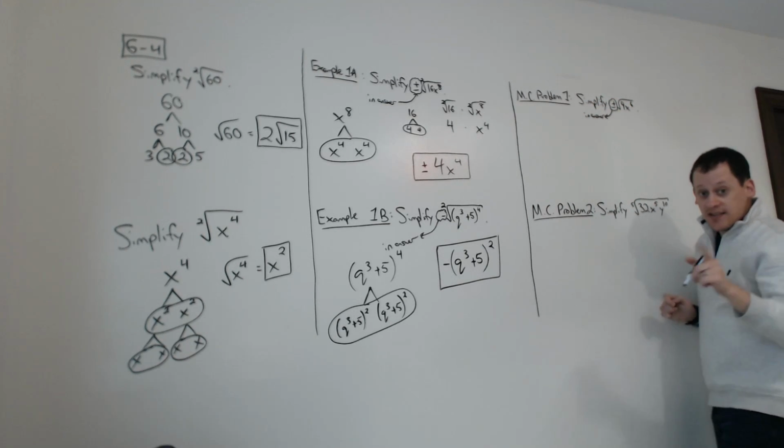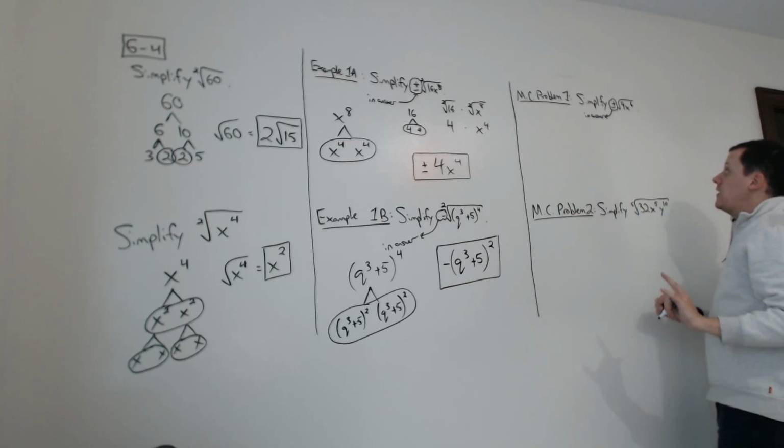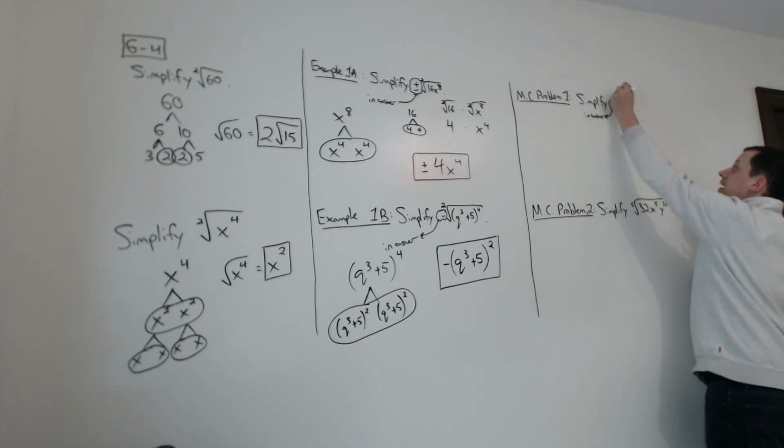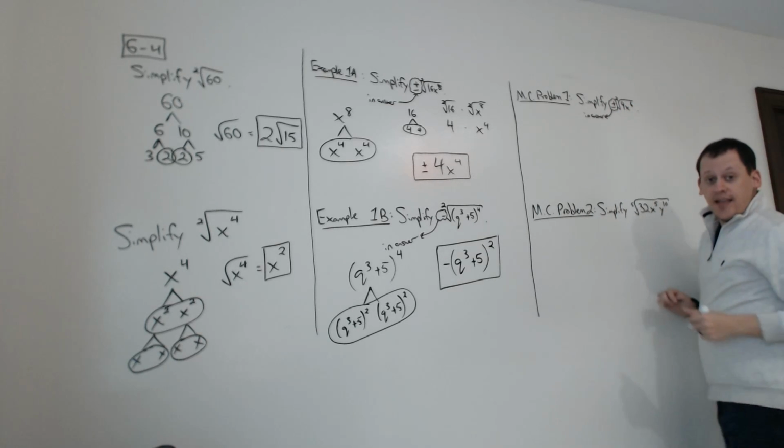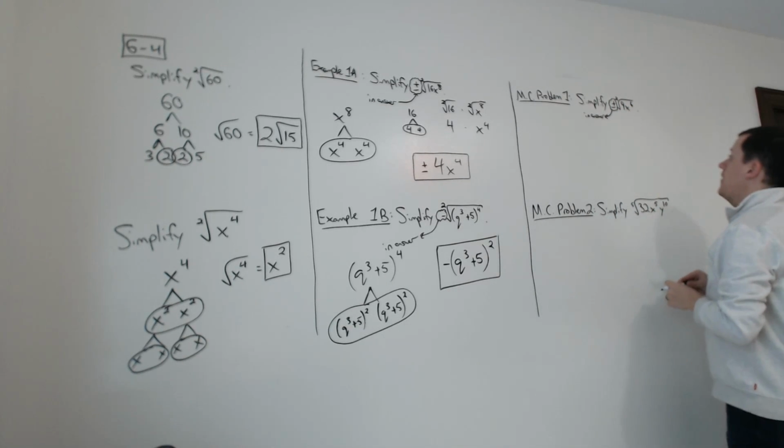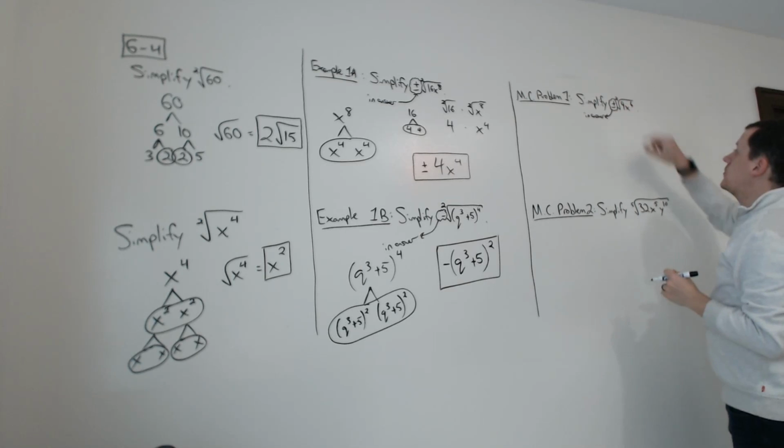We know that plus or minus is going to be in our answer, so we can leave it there for now. And I would write that 2 in the root for that. Okay, so we've got 2 as the root there.